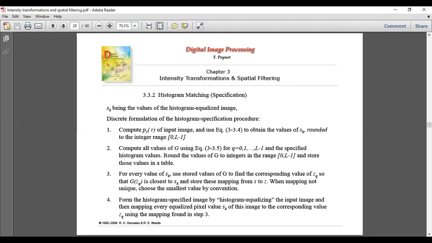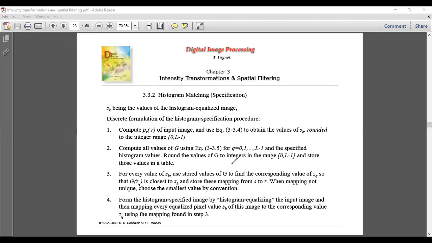By the time it loads, let us see what is the next task that we have.